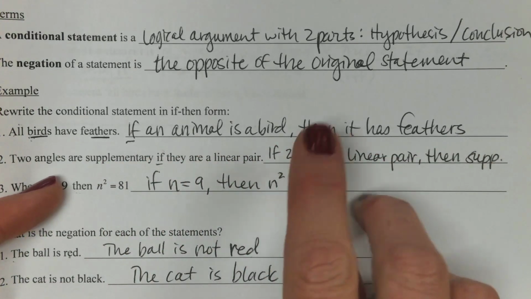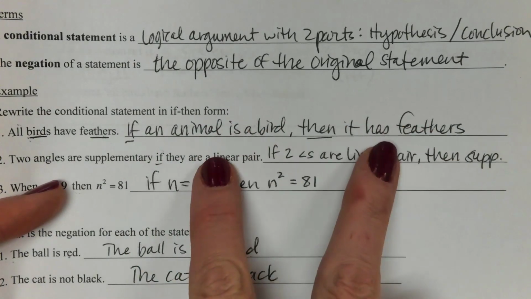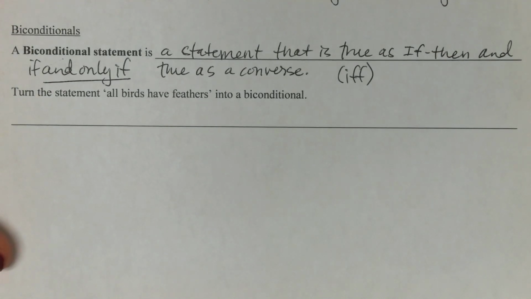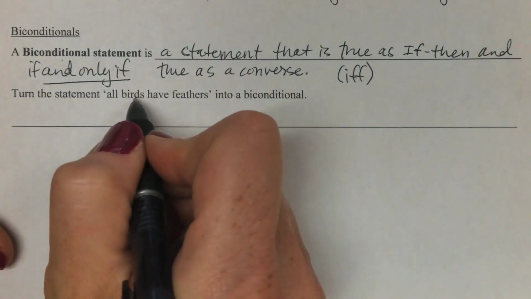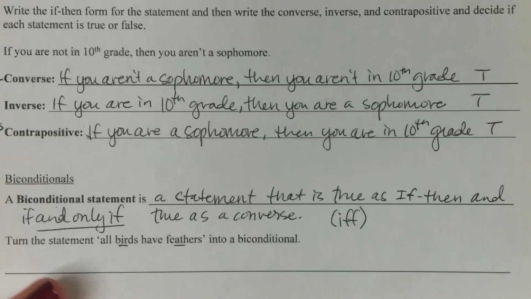So the converse of that would be, if an animal has feathers, then it is a bird. So both of those statements being true, we're gonna write it as a biconditional. And again, your two ideas are birds and feathers. And in the middle of the statement, you're going to write if and only if. So this happens, if and only if that happens.